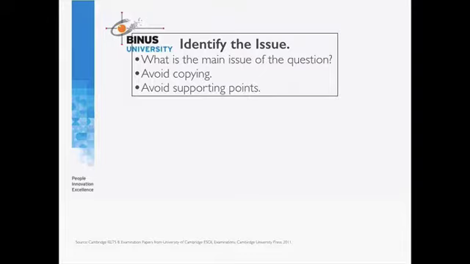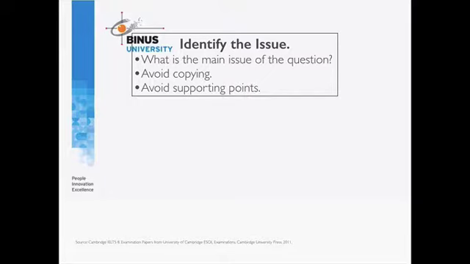It is quite tempting to just copy what is written in the question because, of course, the whole situation is described quite clearly. Well, you cannot do that. You have to put the issue into your own words. And as I said earlier, avoid supporting points. These are not part of the introduction. Certainly reasons and ideas are important, but they come in the main paragraphs.